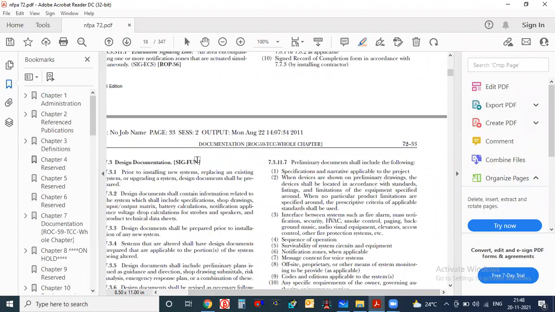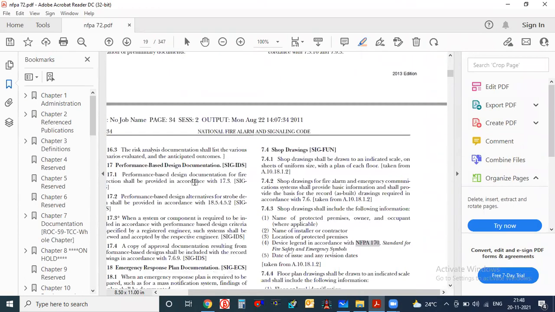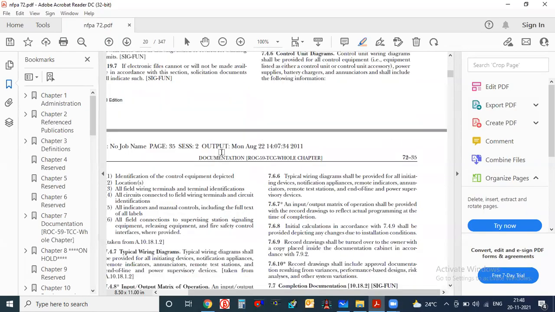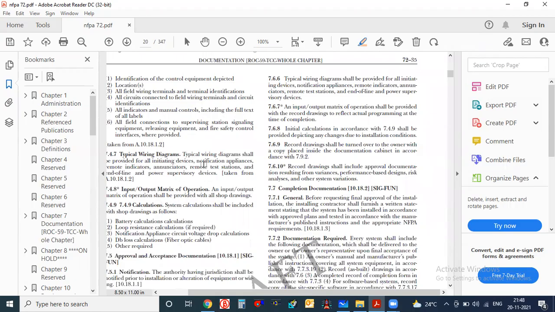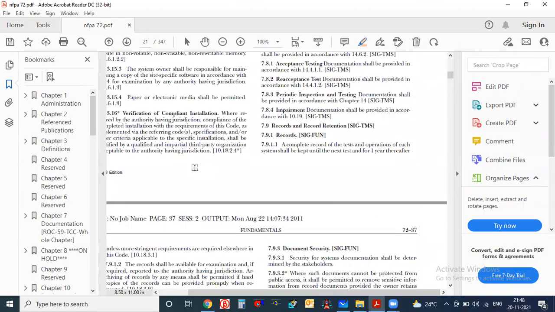Again, this thing is not required for us, you can just skip these things. Shop drawings, documentation, riser diagram, typical wiring diagram. These things are given mostly for the electrical requirement. We will leave these things.